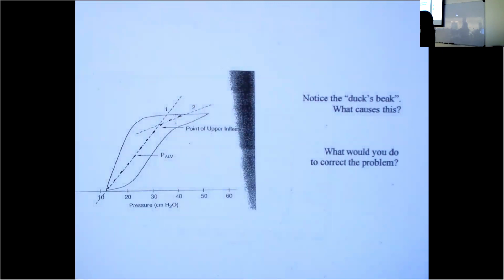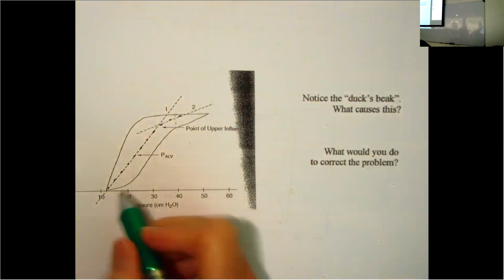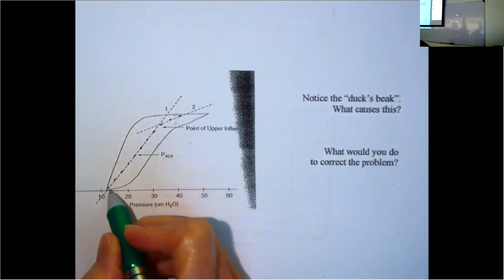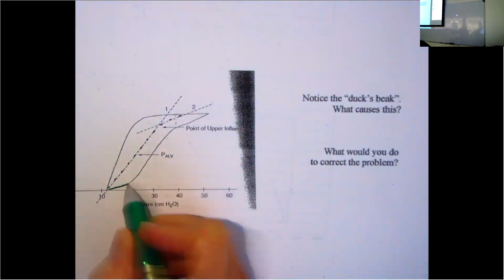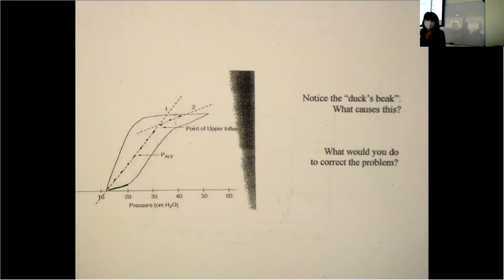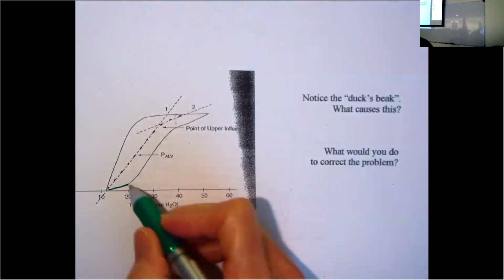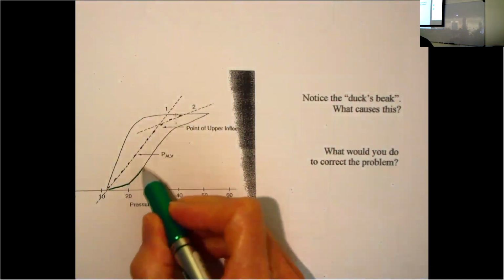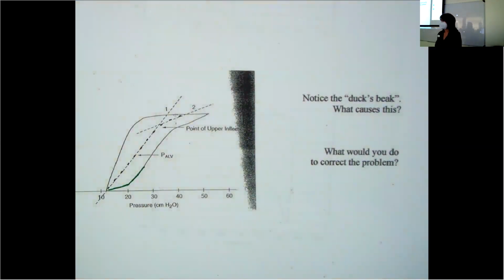So I do need to tell you about the lower inflection point. Looking on the graphic, you see how pressure is building up, but not much volume is going in at that point. And then all of a sudden, the lungs start to fill with air. It's almost like there's a change in direction. So first, there's pressure building up.